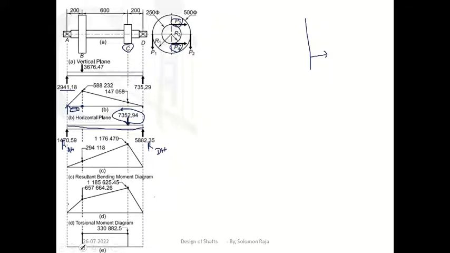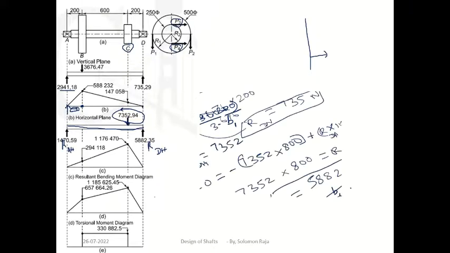So based on that similar triangle concept, I can write like this. I told you, B1 by H1 equal to B1. I'm getting this again. Why is it doing like this?